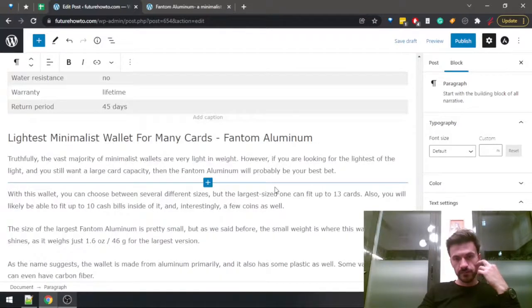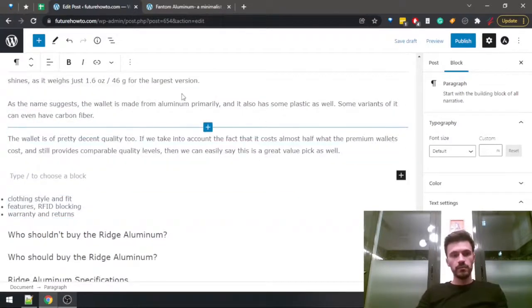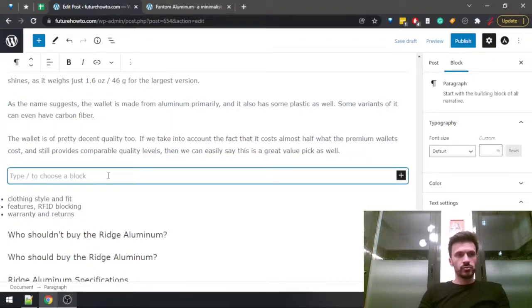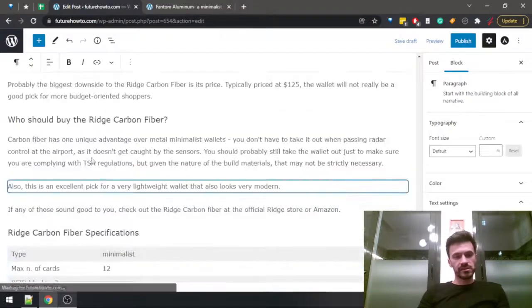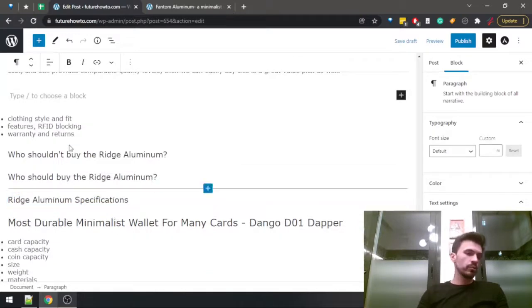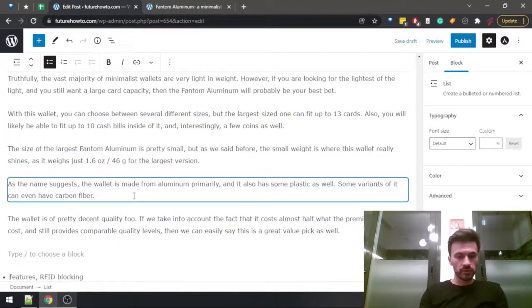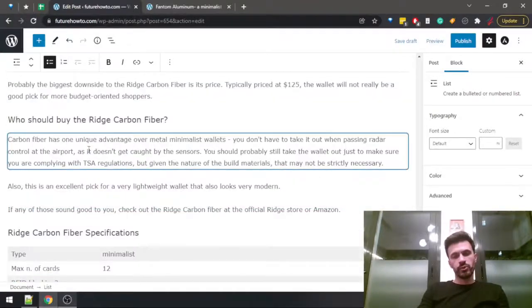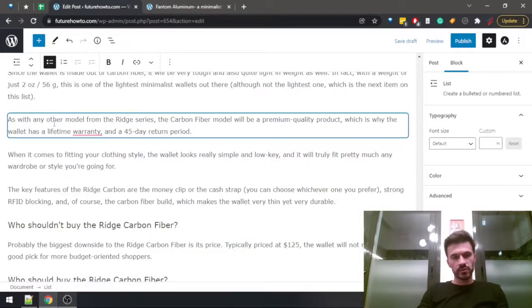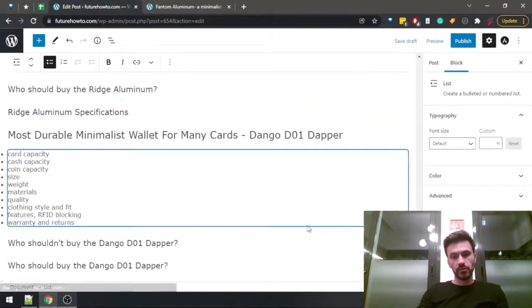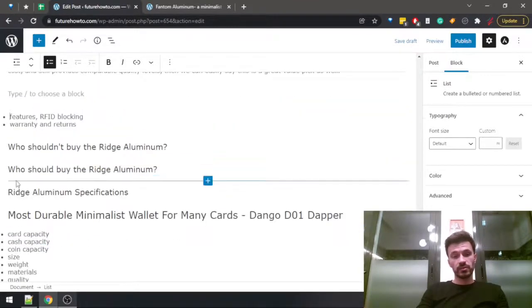Clothing style and fit. Well, it's a stylish wallet, but we kind of said that already here. You know what? Sometimes you can skip one of these. It's not the end of the world. I'm probably gonna say something really similar to what I said here, so maybe I'm just gonna skip it, and here I'm gonna say something about the dangle below.